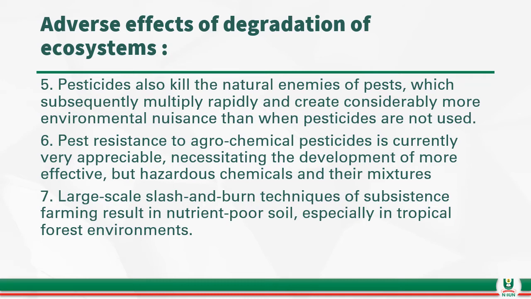And pest resistance to agrochemical pesticides is currently very appreciable. When you use pesticides over a long period of time, the pest develops a resistance, such that you will continue to use the pesticide and it will not even control the pest anymore. And when they build that kind of resistance, you have to use a stronger pesticide to destroy those pests.